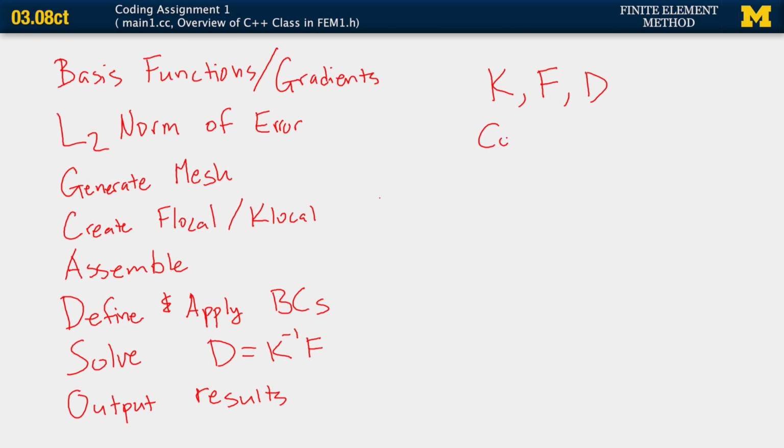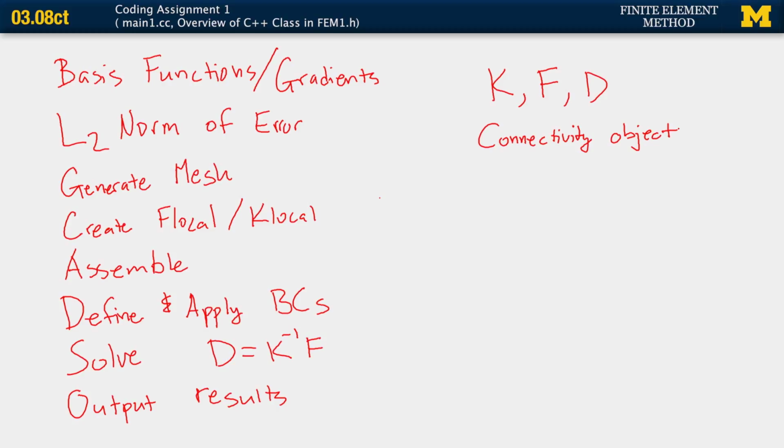Sometimes we call that a connectivity matrix in general, although it may not actually be a matrix, so I'll just call that a connectivity object. We would also need some sort of object that stores the information in the mesh, which would be related to this connectivity object, so I'll include that here, mesh. There may be others too. We'll look more at that as we look at the code.